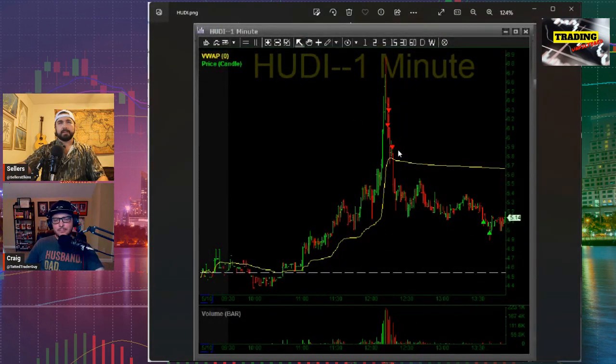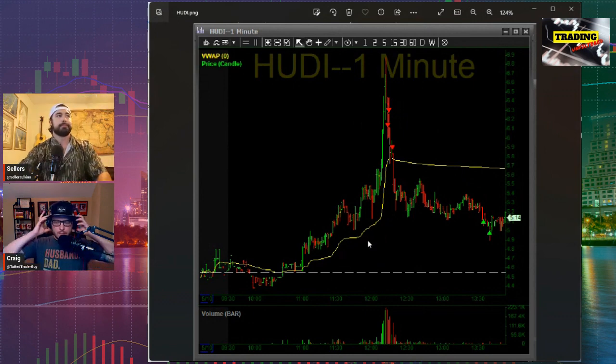I like this one, and I like the way I traded it because this is picture perfect from a data standpoint. There wasn't really a great resistance on this that I was risking off of, which is something we'll get into.